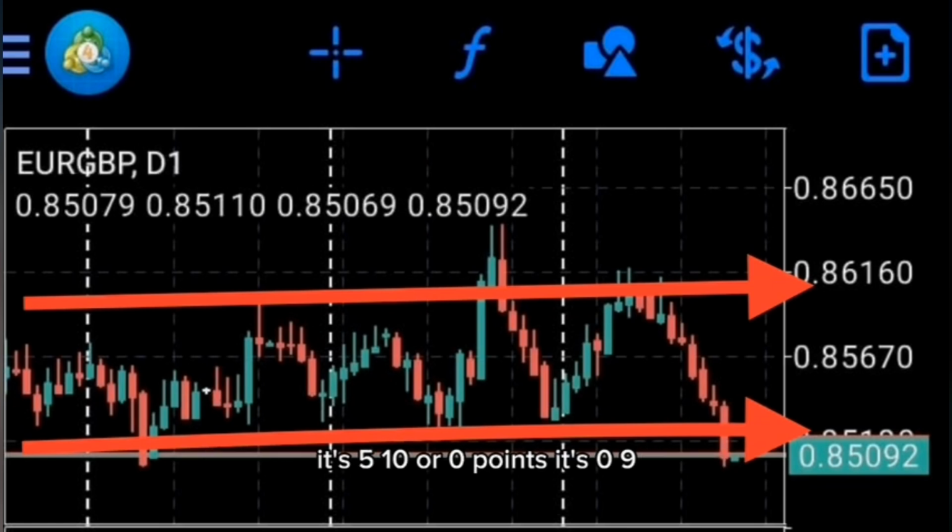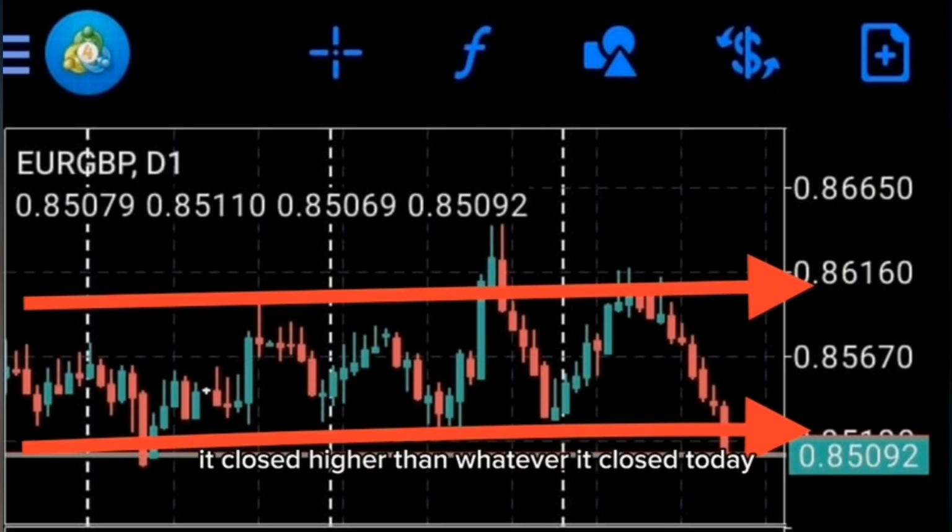So looking at your Euro GBP chart, let's assume now it's currently at about 0.8510. So let's assume maybe by the end of tomorrow it forms a daily bullish candle and closes at 0.8529, something like that. So now it has closed higher than it had closed today. Today it's closing at about 0.8510.